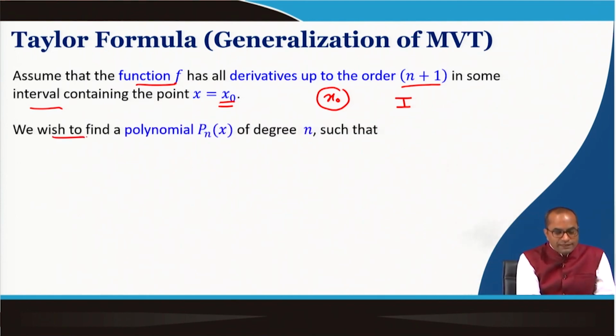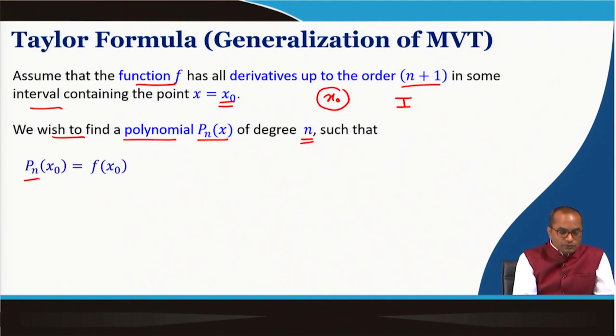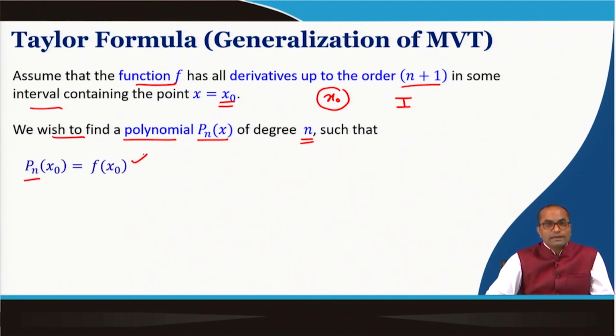and we wish to find a polynomial p n x of degree n. What is the condition on this polynomial? The polynomial value at x naught should be equal to the function value at x naught.